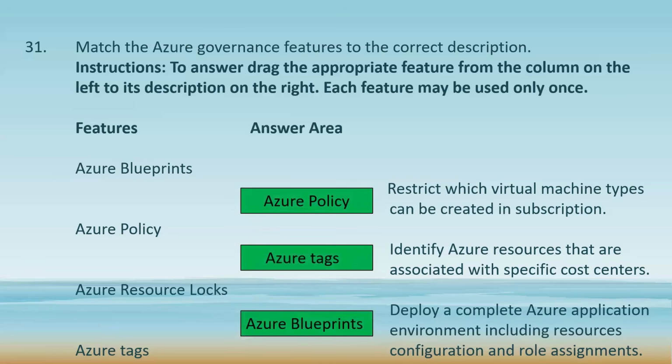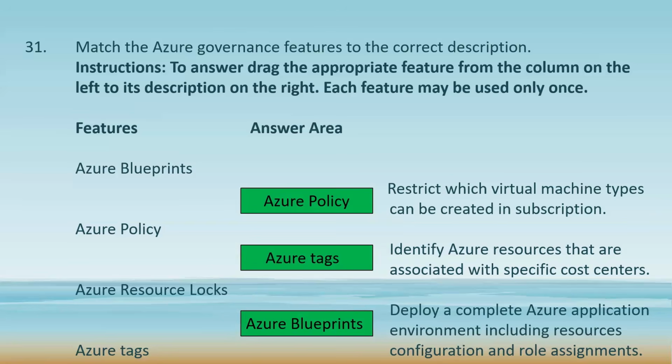So I hope you gave a pause and the answers are now on your screen. As I mentioned in the previous question, you can use Azure policies to restrict the type of resources allowed to be created. And in this case, the first statement takes an Azure VM into consideration. For the second statement, Azure tags.